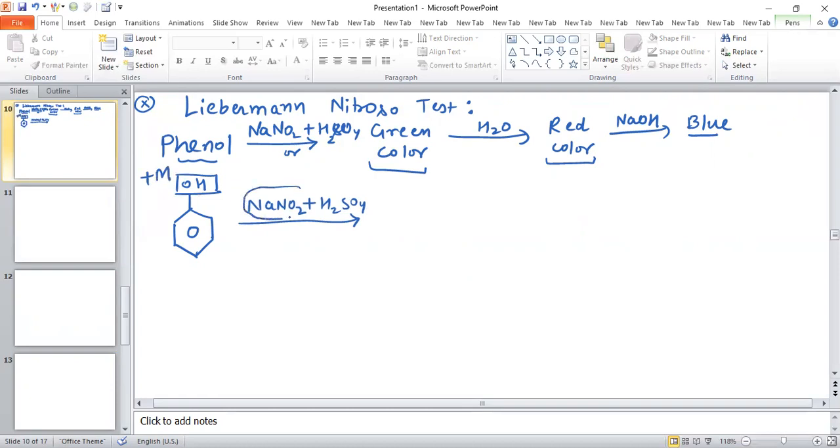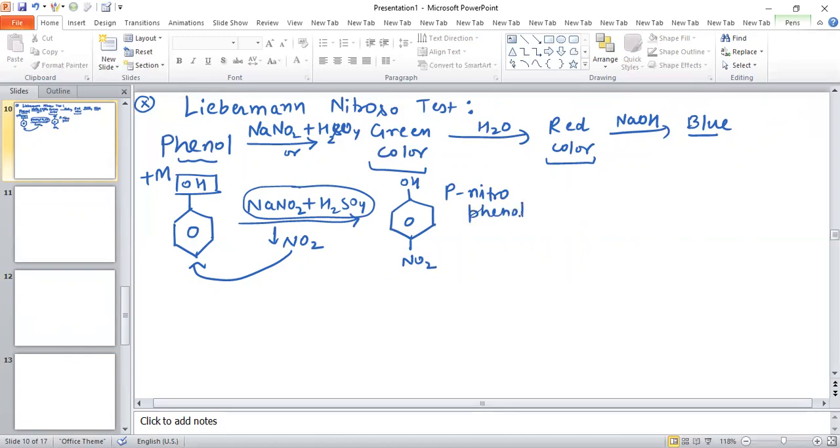And this mixture will provide the NO2 plus electrophile. So this NO2 will attack at the para position. So this is para-nitrophenol in the first step. This is the para-nitrophenol obtained after the first step, which is green in color.